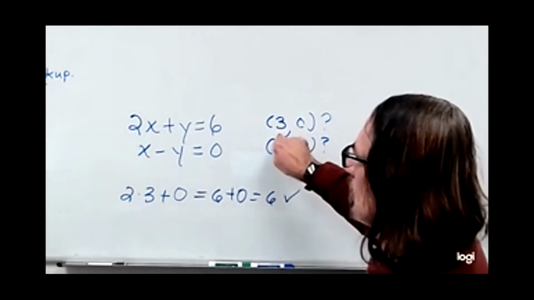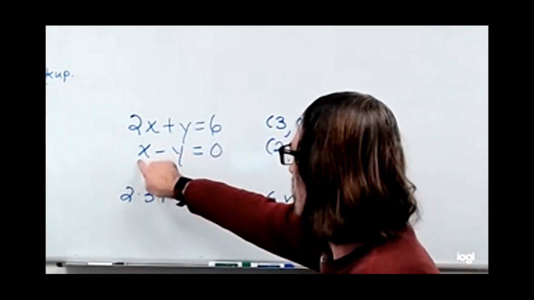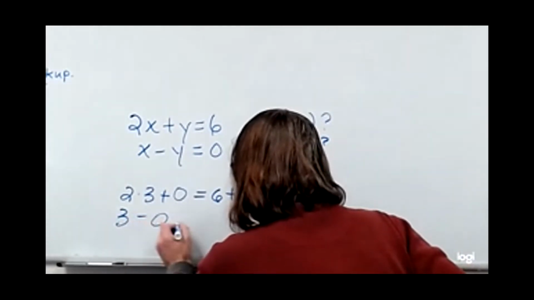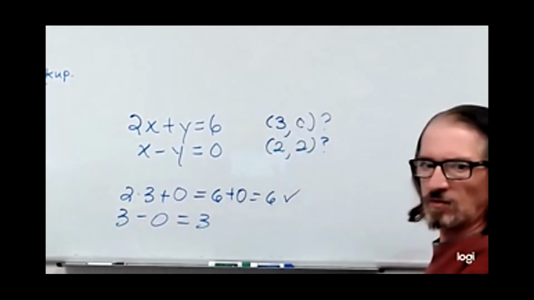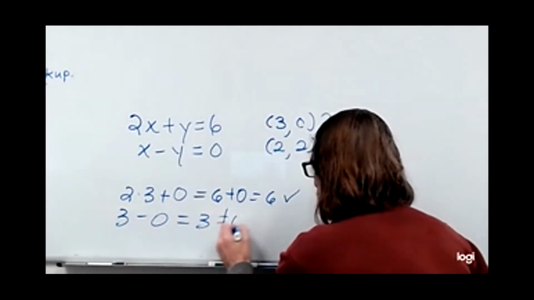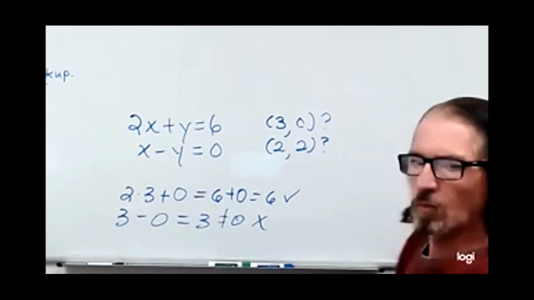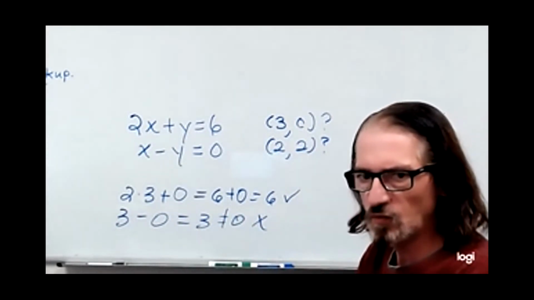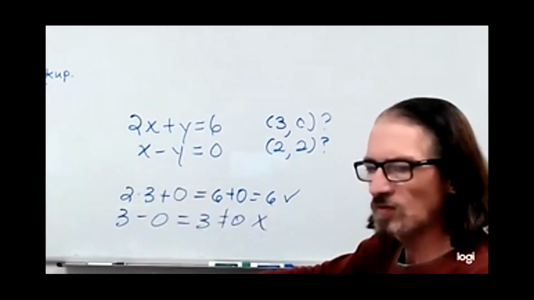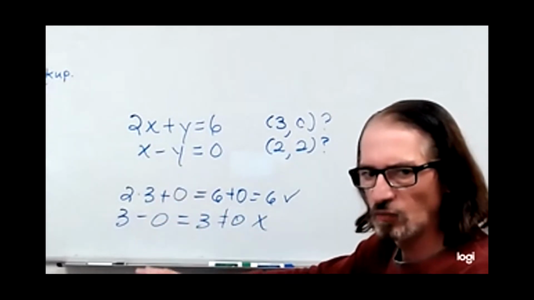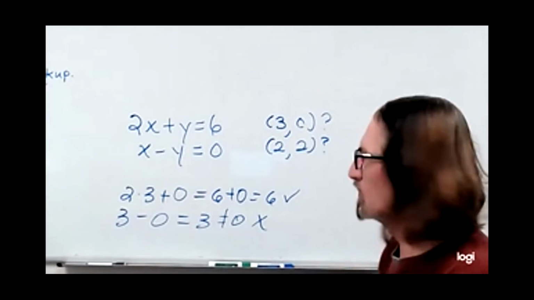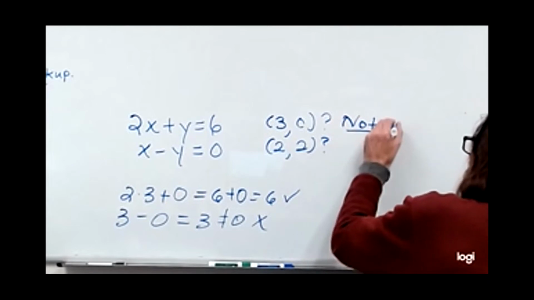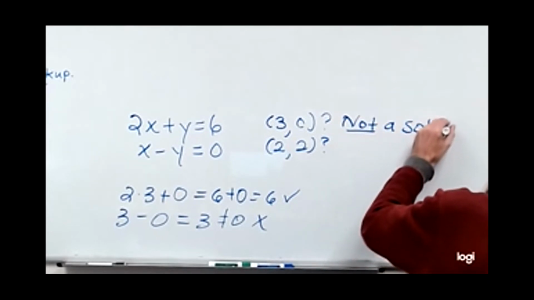But when we plug in 3 for x and 0 for y in the second one, that's equal to 3. That's not equal to 0. So if the ordered pair is not a solution to either equation, or even if it's a solution to one but not a solution to the other, then it is not a solution to the system. It has to work in both.